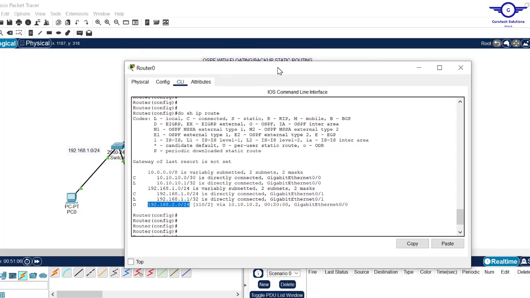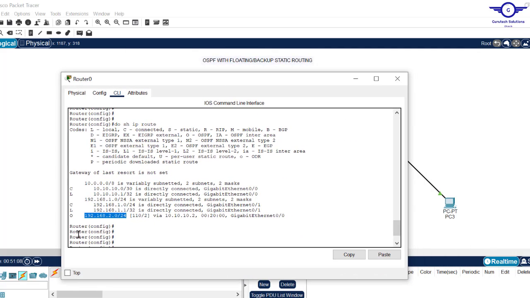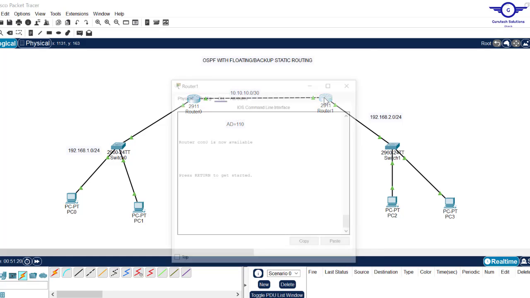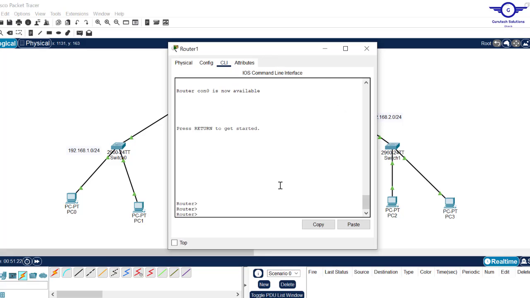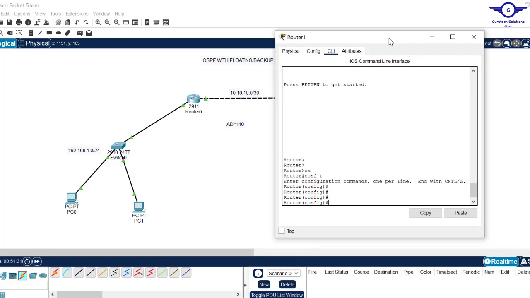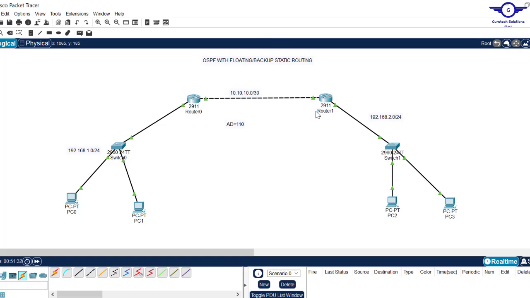So I want a scenario where OSPF will be dead. So let me go ahead and configure a backup static route here to back up OSPF. I'll go to the same router, enable, config T. Then we configure a normal static route to this network.